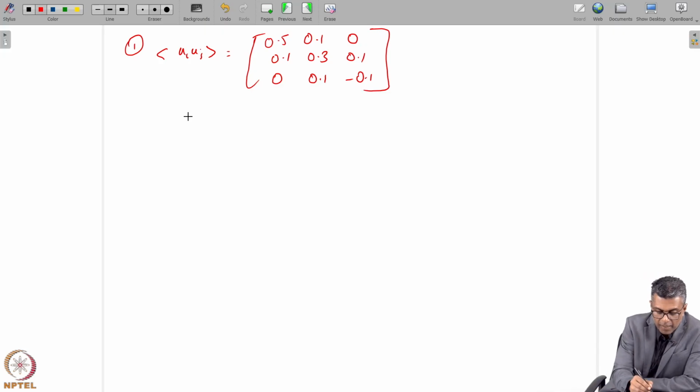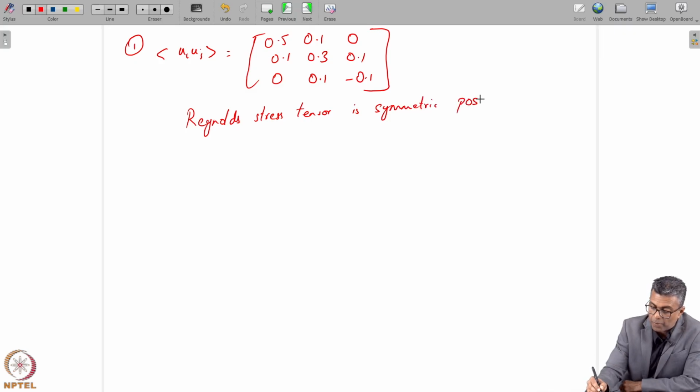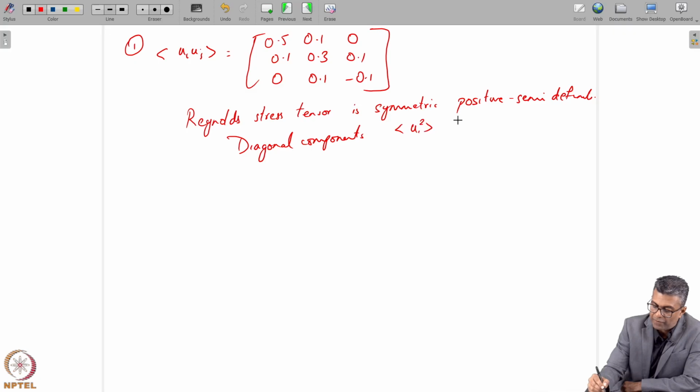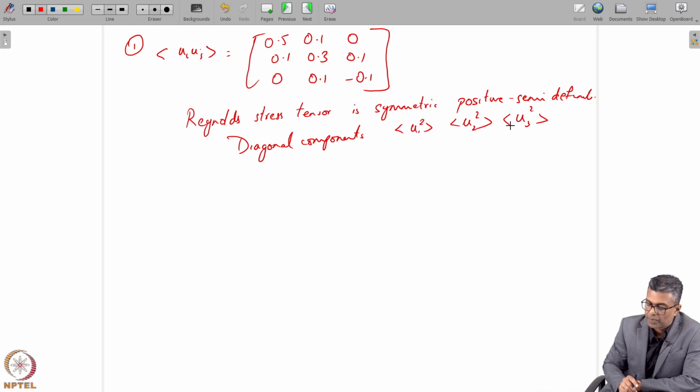So, the Reynolds stress tensor is, obviously, going to be symmetric and it is going to be positive semi-definite, which means the diagonal components, u1 squared average, u2 squared average and u3 squared average, have to be all greater than 0.